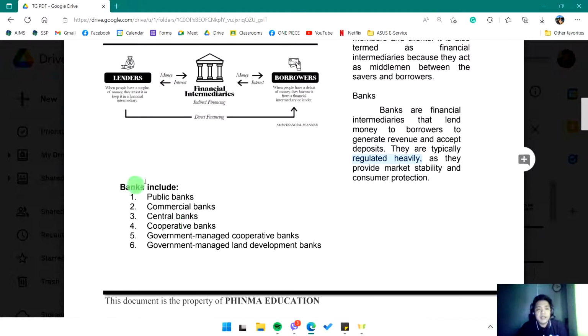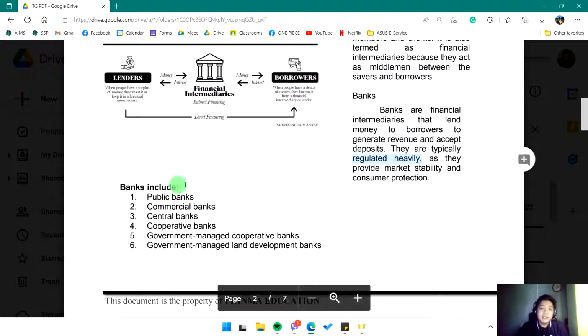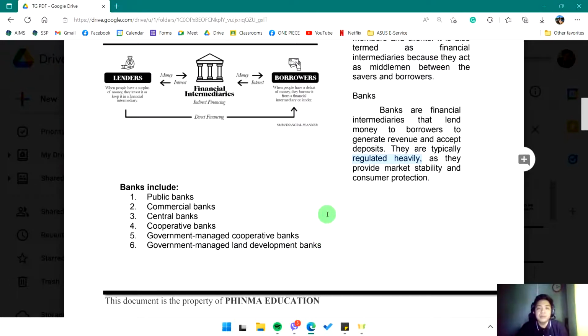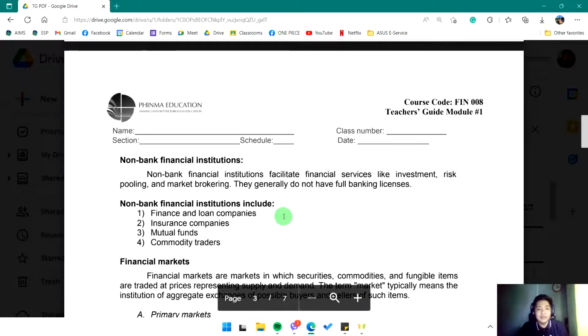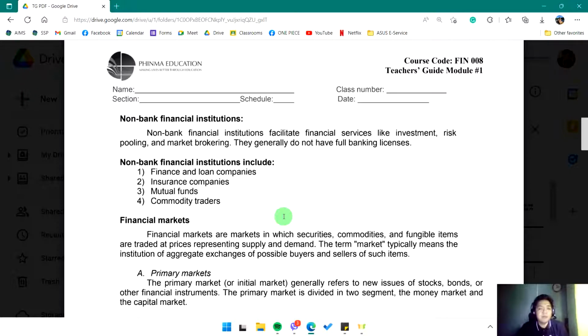So we have different kinds of banks that we should know. We have public banks, commercial banks, central banks, cooperative banks, government-managed cooperative banks, and government-managed land development banks. We will further discuss these types of banks shortly in our module number 2. But let's move forward with module number 1.